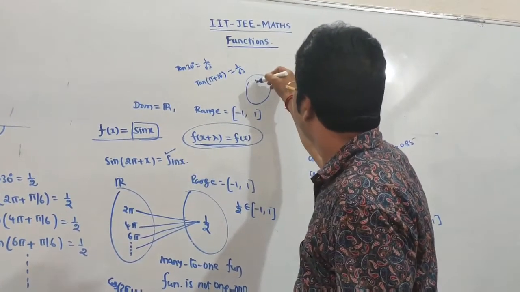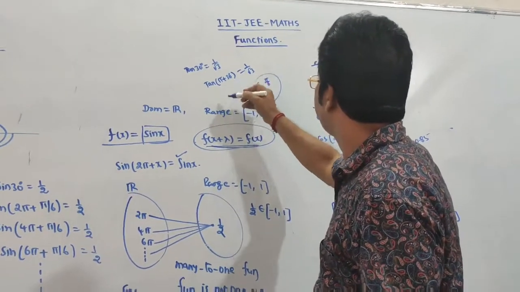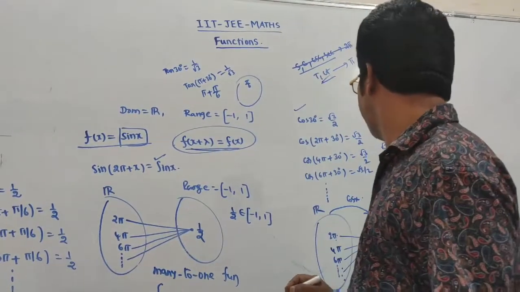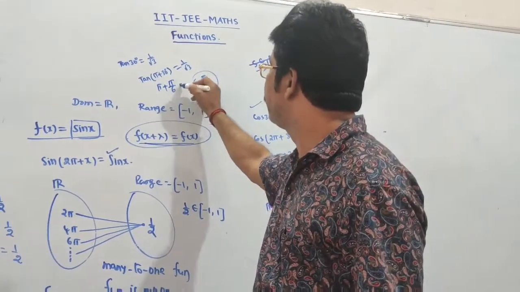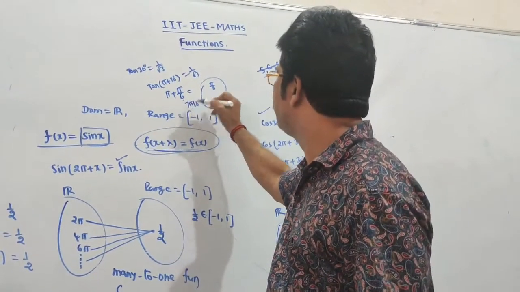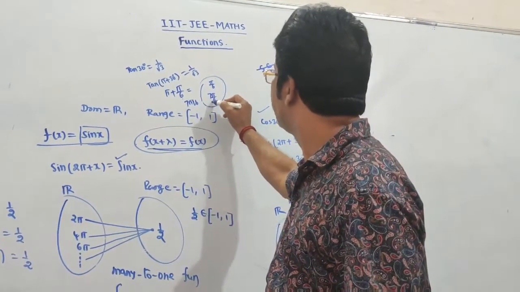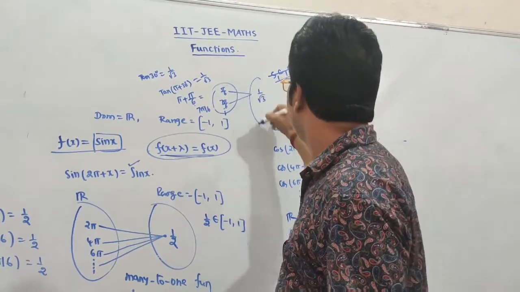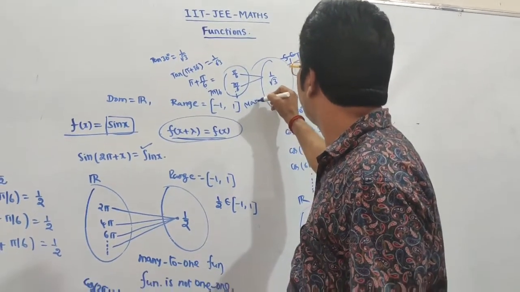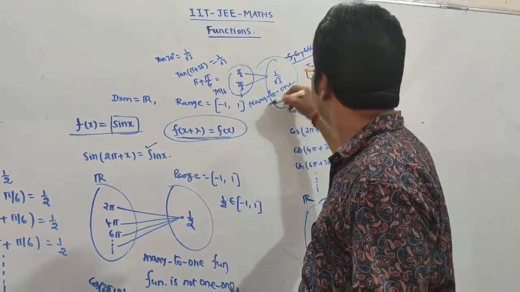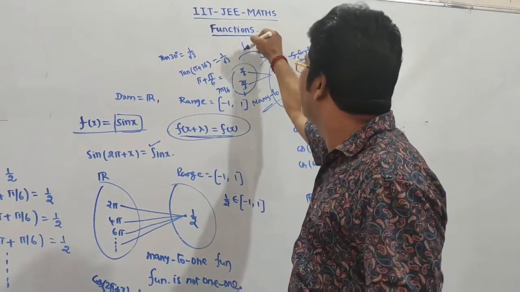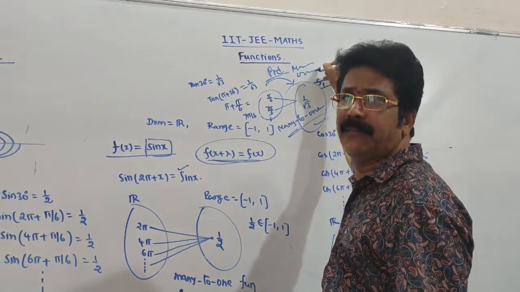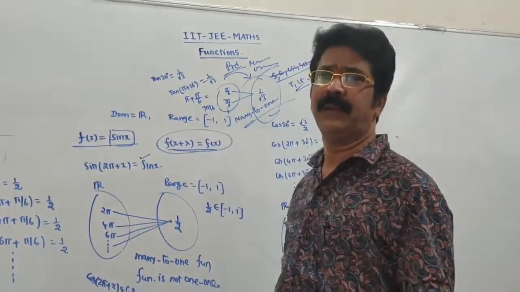Thus, pi by 6, pi plus pi by 6, which is 7 pi by 6, and so on, infinite numbers are mapped with only 1 by root 3. So this is also called a many to one function. Therefore it is a periodic function, and thus many to one, but not one-one. Similarly, we can show this for the cot function.